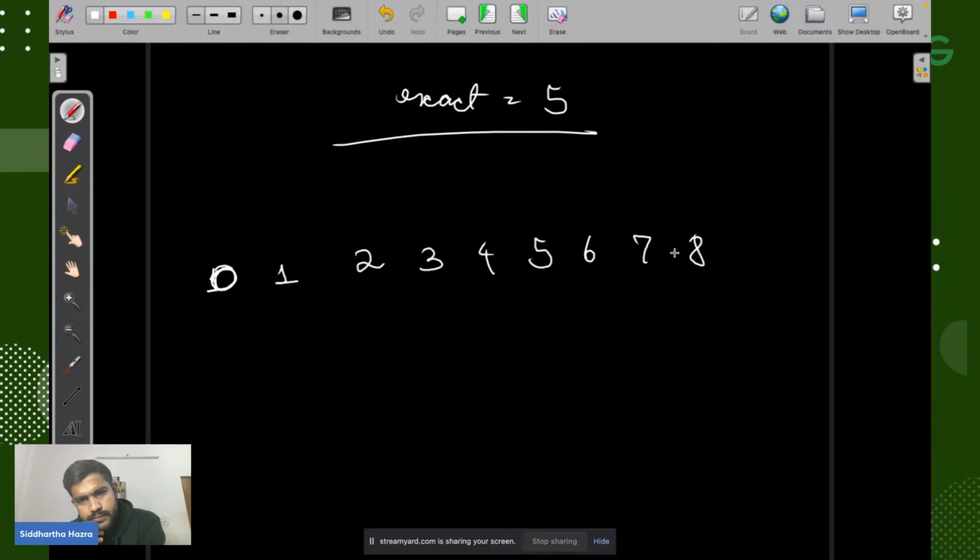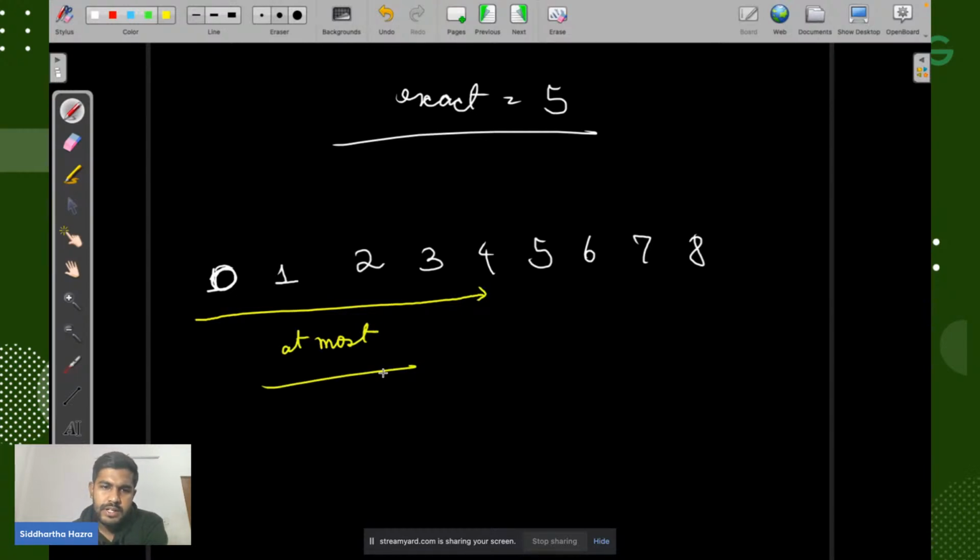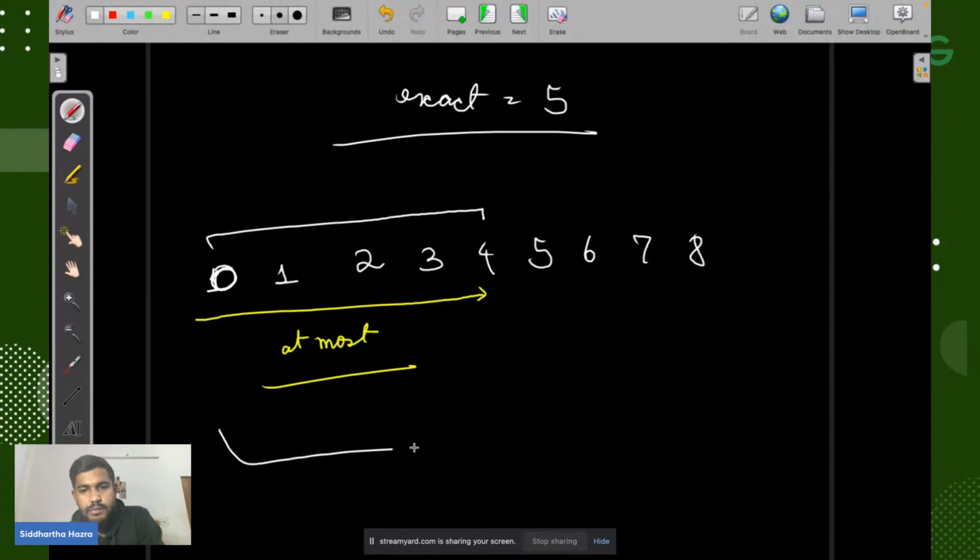So I can say at most 4. If I remove at most 4 from at most 6, then the remaining one would be exactly 5, or not.